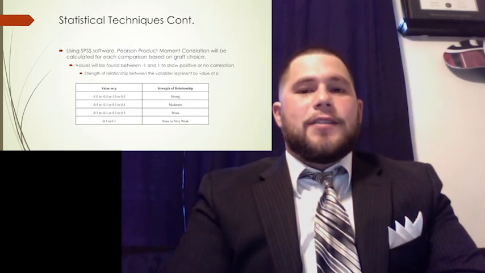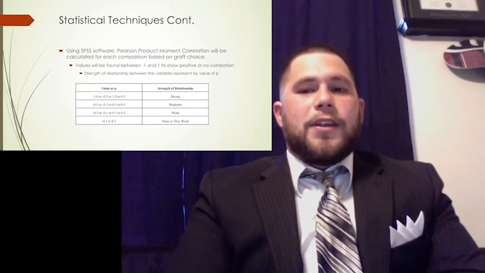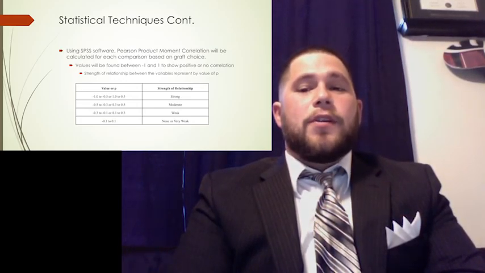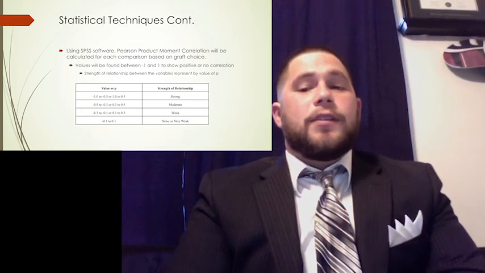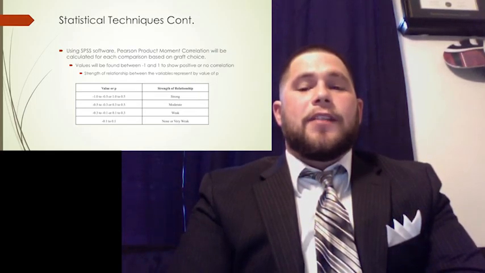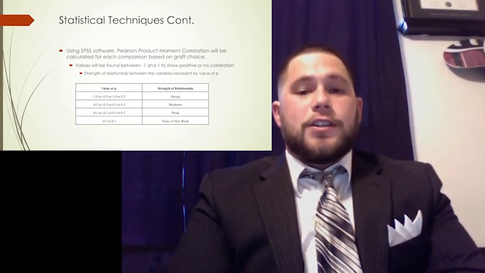Using the SPSS software, Pearson product moment correlation will be calculated for each comparison based on graft choice. Values will be found between -1 and +1 to show a positive, negative, or no correlation. Strength of the relationship between the variables is represented by the value of r. A value of -0.5 to -1, or 0.5 to 1, is considered a strong relationship.